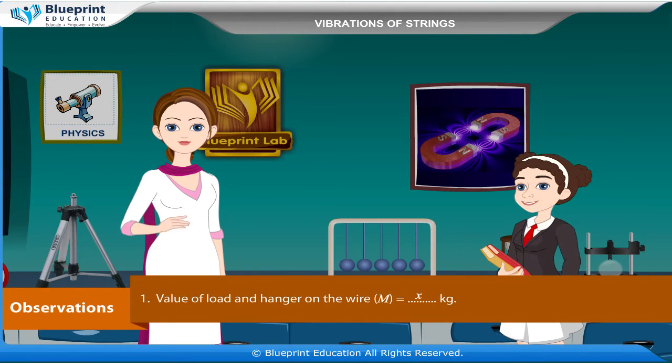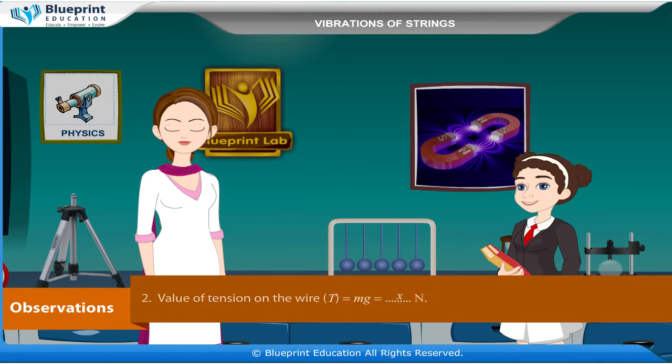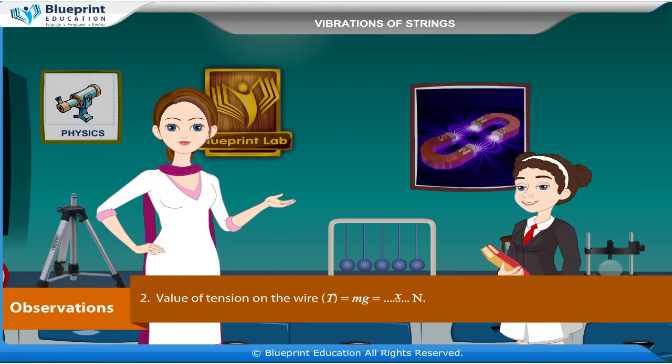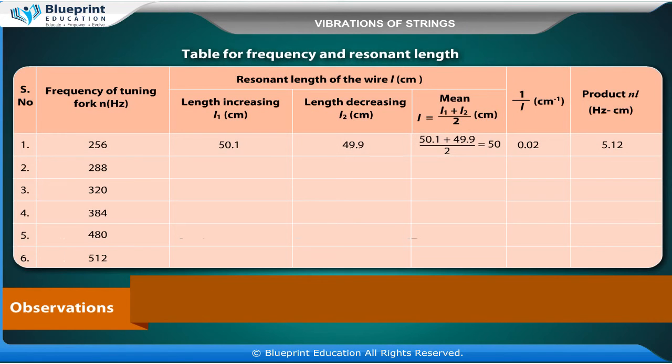Observations. Value of load and hanger on the wire m is equal to X kilogram. Value of tension on the wire T is equal to mg is equal to X Newton. Table for frequency and resonant length. Frequency of tuning fork N Hertz. Resonant length of the wire L centimeter. Length increasing L1 centimeter. Length decreasing L2 centimeter.